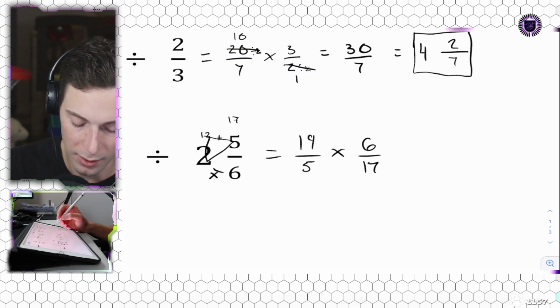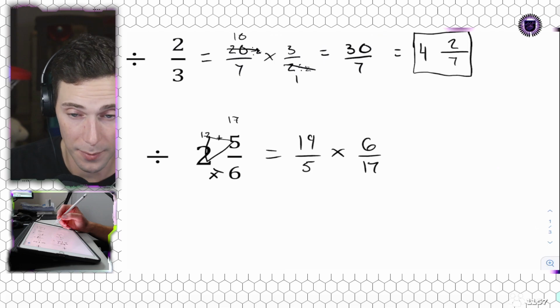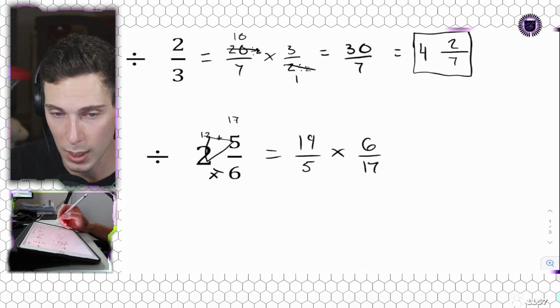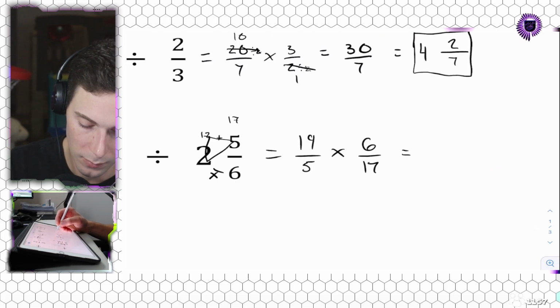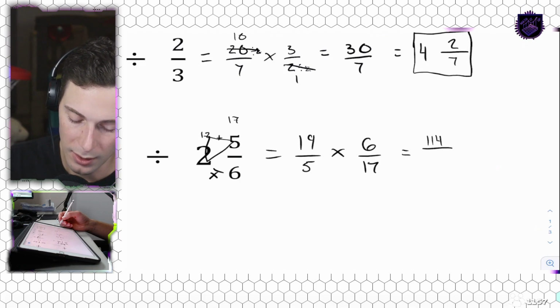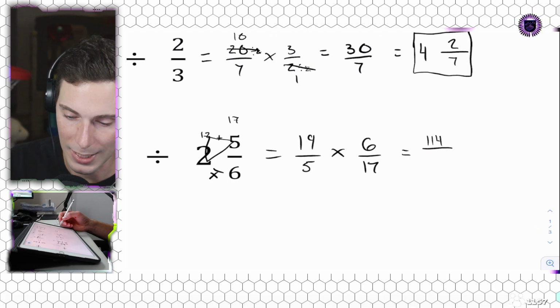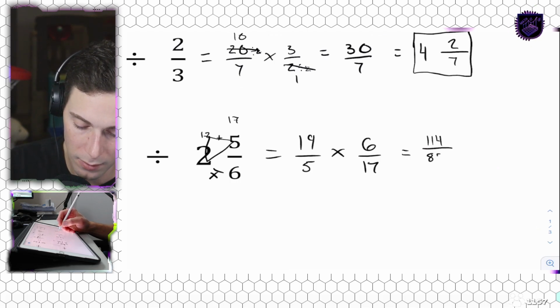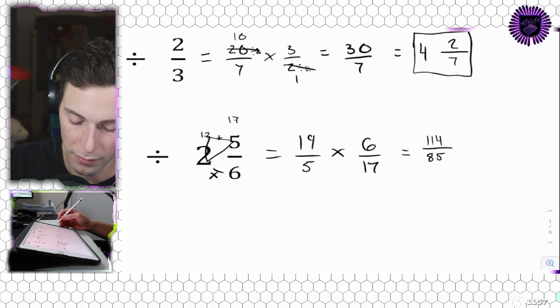6 times 19. So 6 times 20 would be 120. So that's going to be 114 over 5 times 17. Now that's going to be 5 times 20 is 100 minus 15. It's going to be 85. 114 over 85.